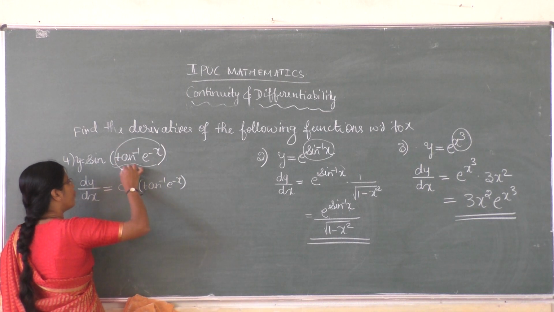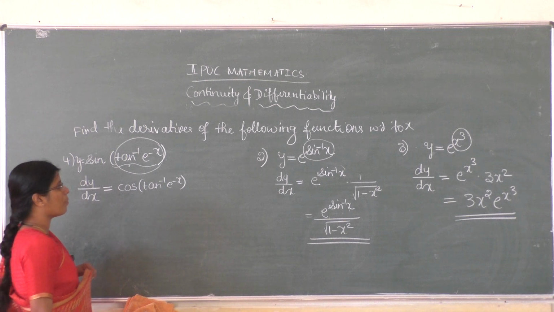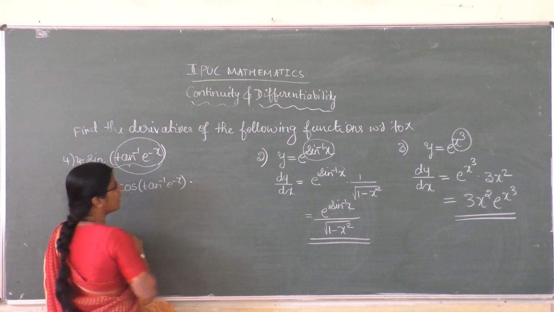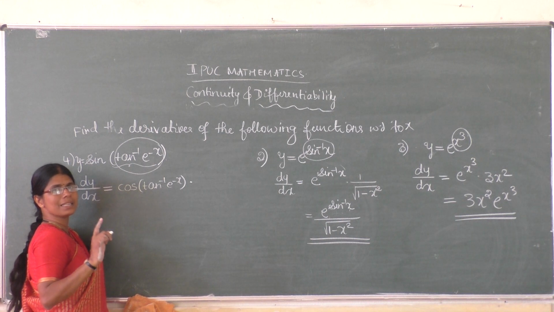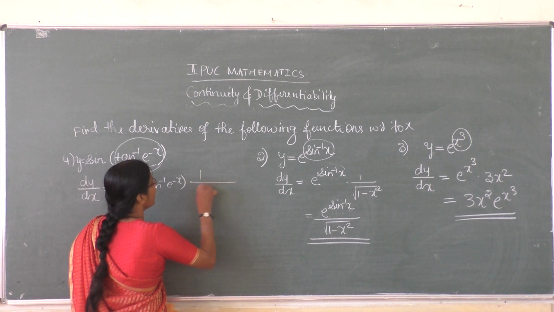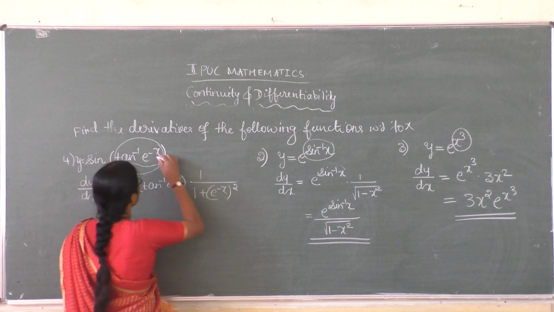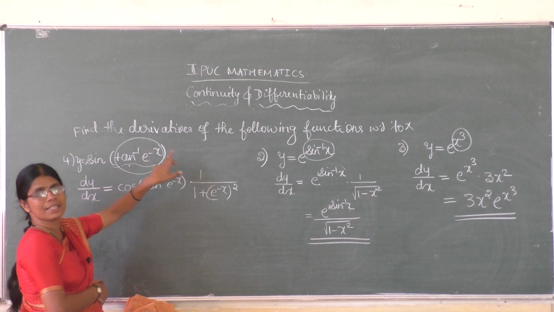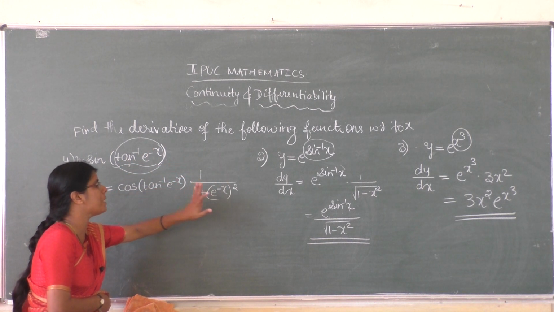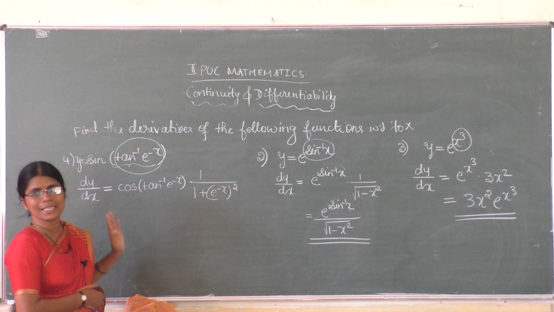Then you have to find now the derivative of tan inverse of e to the power minus x. That is tan inverse, its derivative is 1 by 1 plus t square, where t is nothing but e to the power minus x.